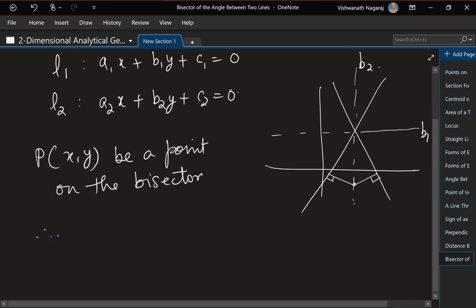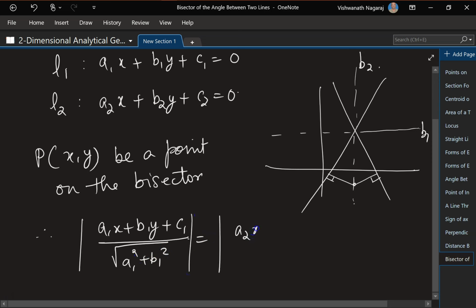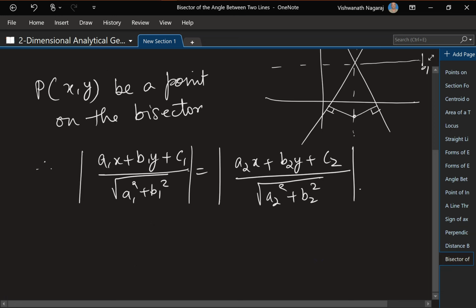Therefore, magnitude of A1x plus B1y plus C1 by square root of A1 square plus B1 square is equal to A2x plus B2y plus C2 by square root of A2 square plus B2 square. Now if we remove these magnitudes, what will happen?